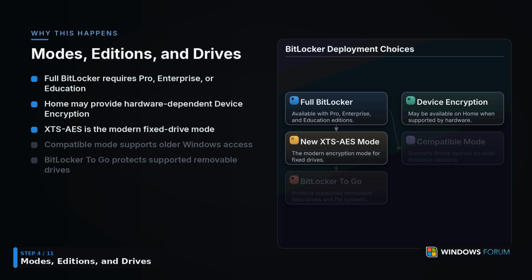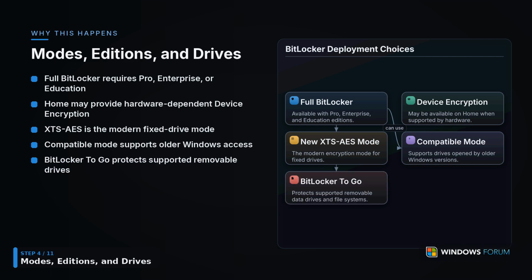For fixed drives on modern systems, new encryption mode uses XTS AES. Compatible mode is intended for drives that may need to open on older Windows versions. BitLocker To Go covers supported removable data drives, including USB flash drives, SD cards, and external hard drives formatted with NTFS, FAT16, FAT32, or exFAT.